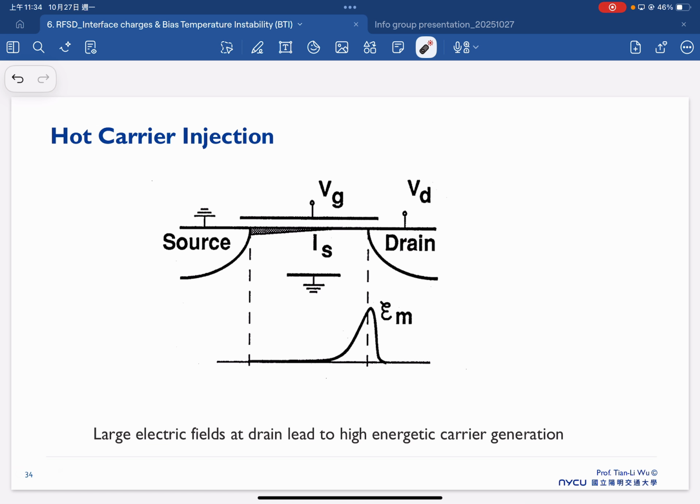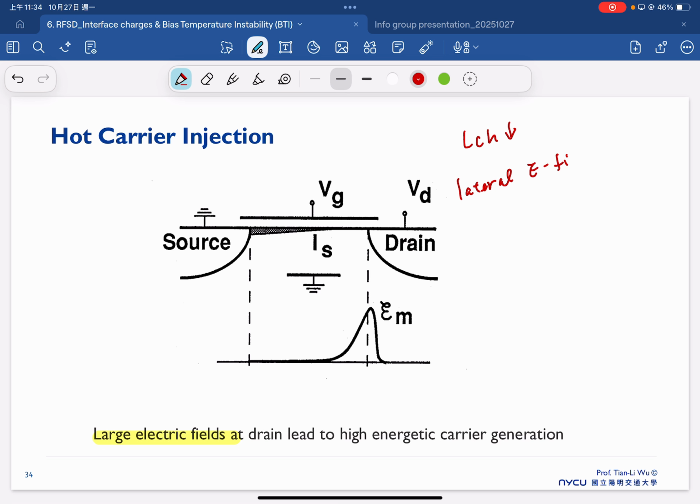So here is another illustration. Anyhow, just see that there's a large electric field at the drain side, leading to high energetic carrier generation. And as I said, nowadays, if we look at the channel length decrease, then the lateral electric field is actually increased.